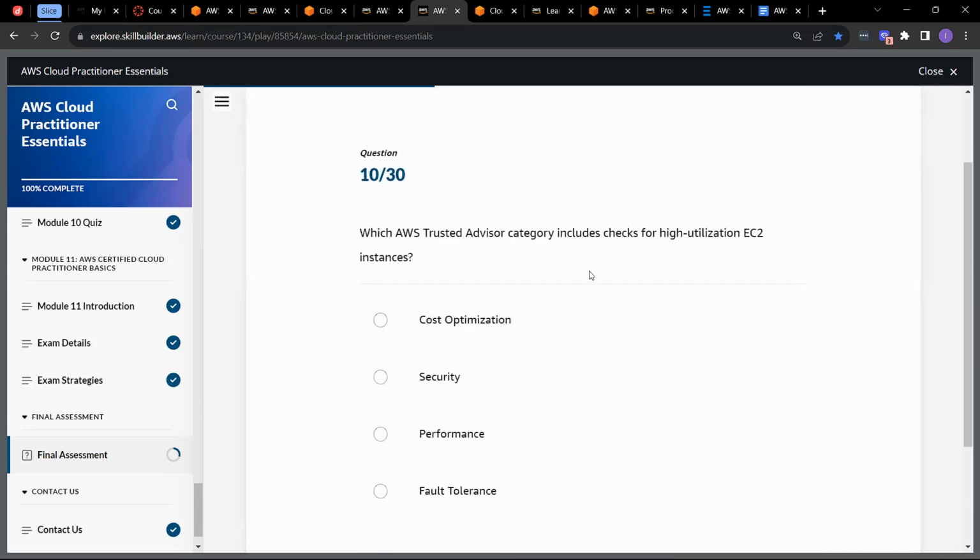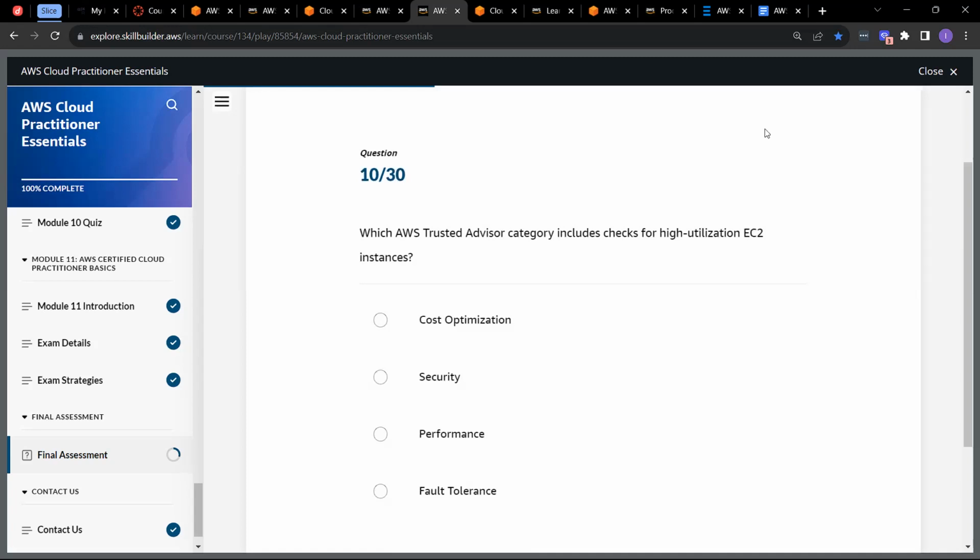So which AWS Trusted Advisor category includes checks for high utilization EC2 instances? Abdul, answer this one. Cost optimization. Who said cost optimization? No, relax.